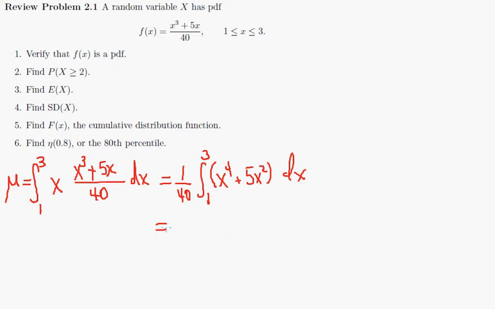Doing the integral, we get 1 over 40 times x to the fifth over 5 plus 5x cubed over 3 from 3 to 1.